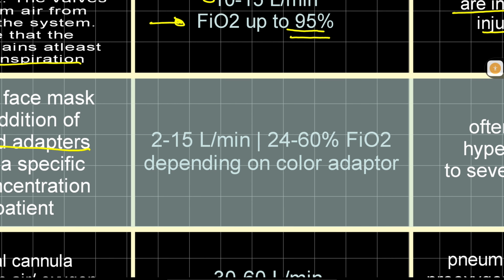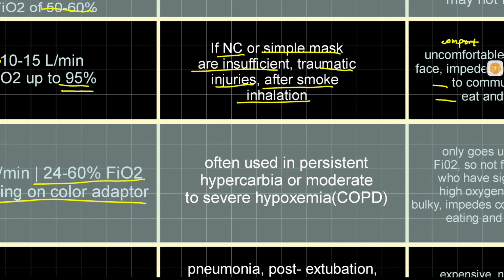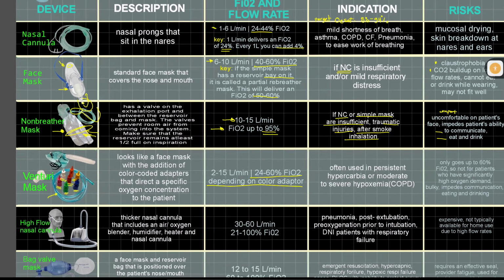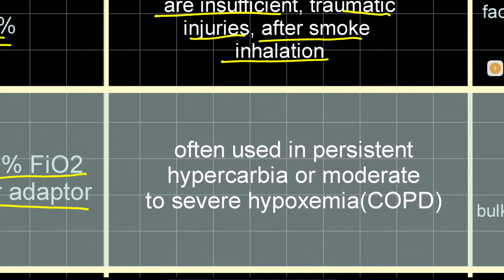FiO2-wise and flow rate, you can give 2 to 15 liters per minute of oxygen and expect to have 24 to 60% of FiO2 depending on the color of the adapter. What are the indications of using your Venturi mask?